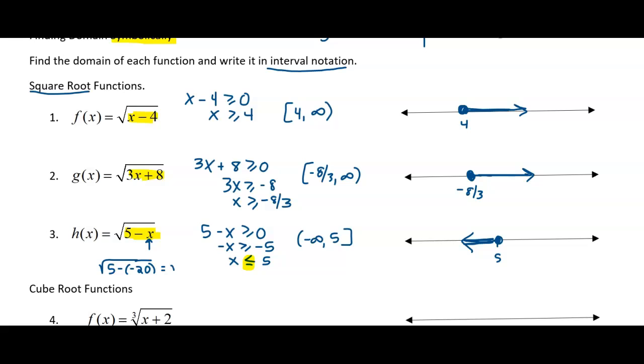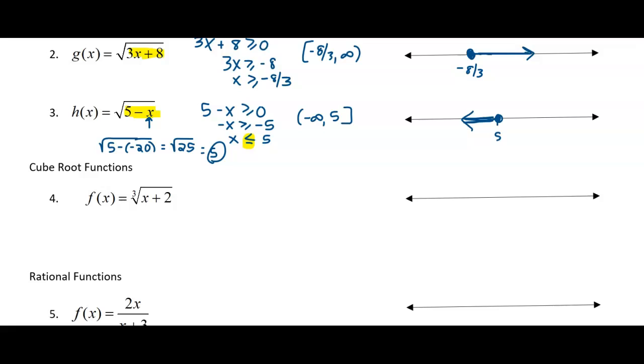Then you would get a 25 inside there because you're subtracting the negative, and you can take the square root of that and get a 5. It seems a little backwards that we can use negative numbers in this function, but it works because when you're subtracting the negative, it gives you a positive. So these are the numbers that we can use for the h of x function.